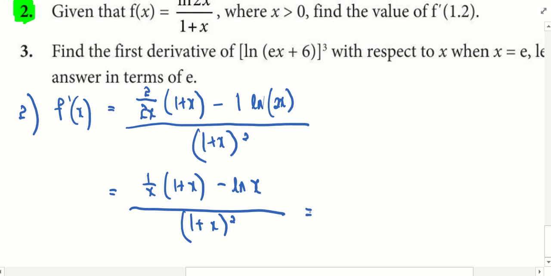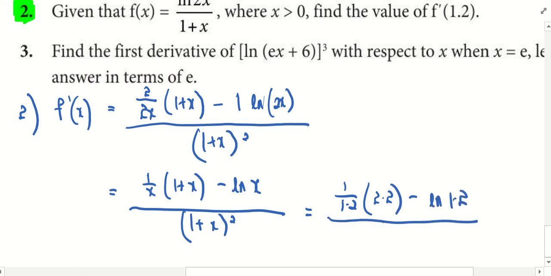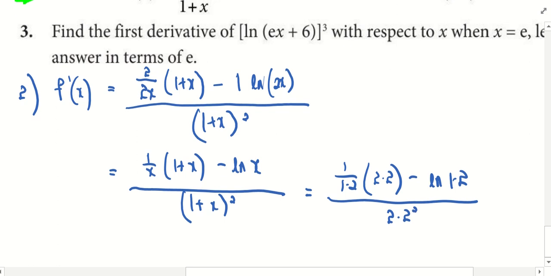So I'm going to write it out because I don't want to make careless mistakes. 1 plus 1.2 is 2.2 minus ln of 1.2, over 2.2 squared. Okay, now your job is just to press the calculator.